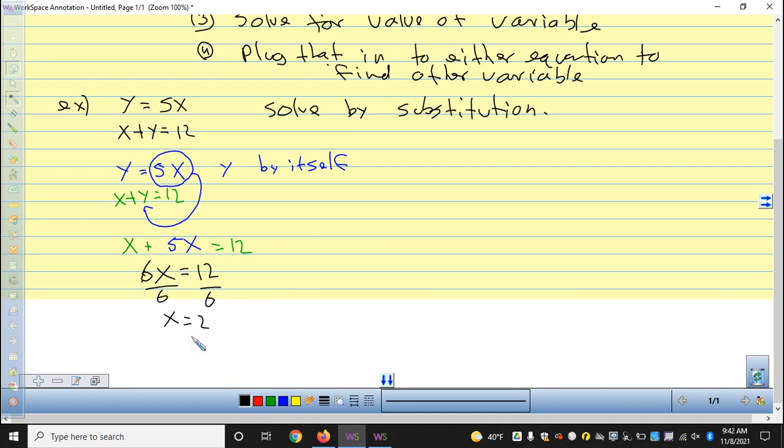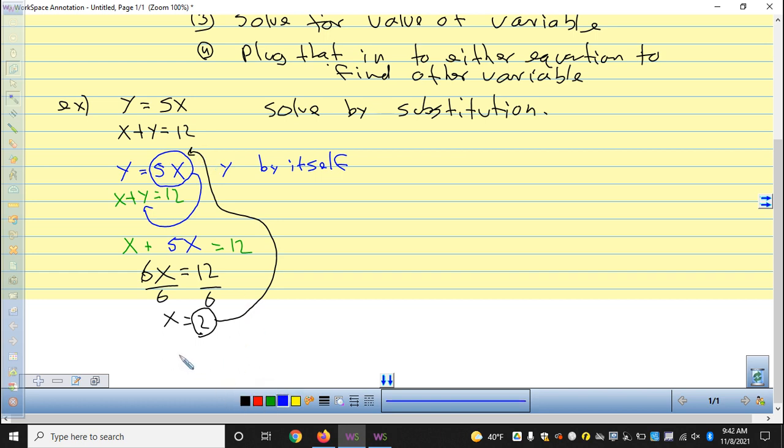And I can plug x equals 2 into either equation to find y. So let's say I take x equals 2. I think the easiest would be to take x equals 2 and plug it in right there.